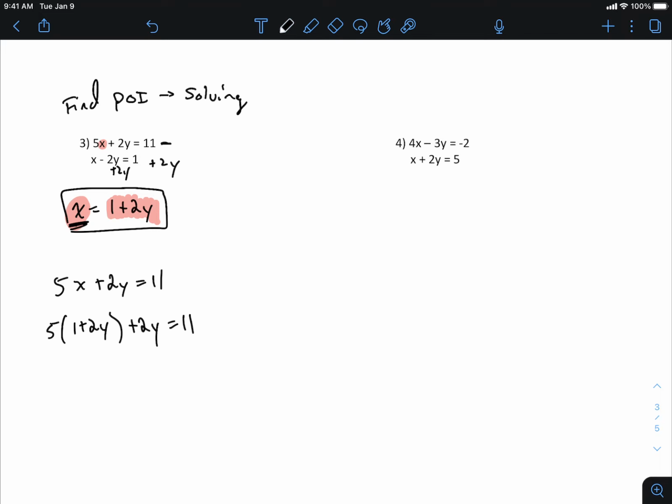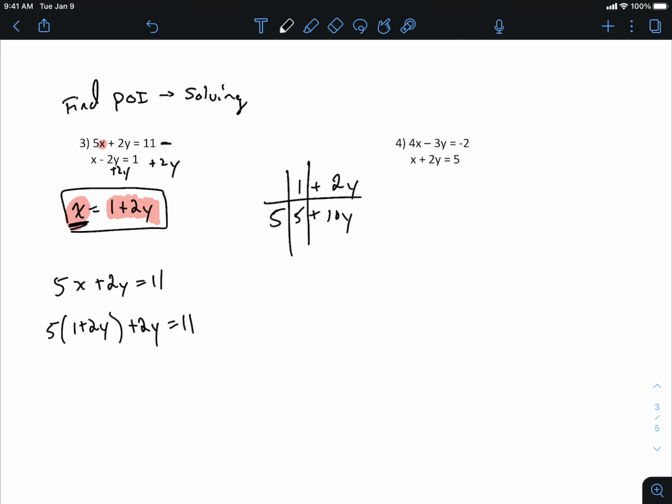How do I get rid of the brackets? You can do a table. I'm going to show you. Hopefully I'll get you away from the table eventually, but you can always use the table. So you get 5 plus 10y. That's going to replace all of this.